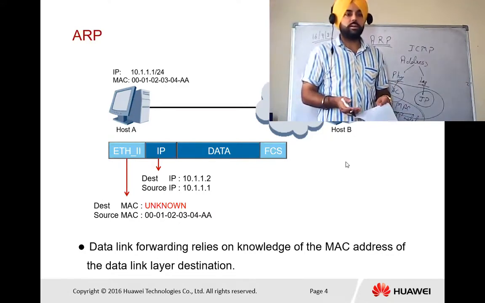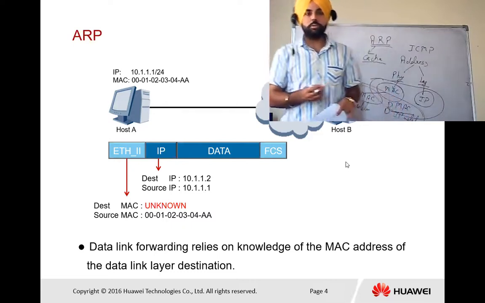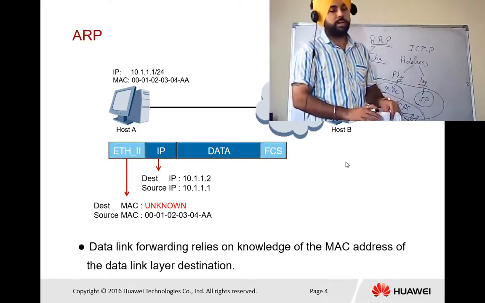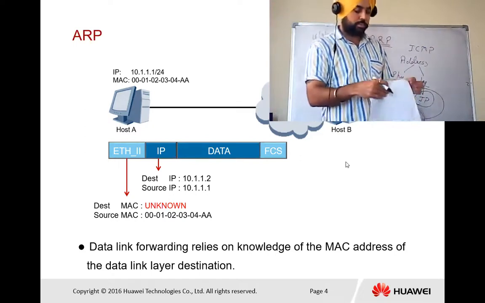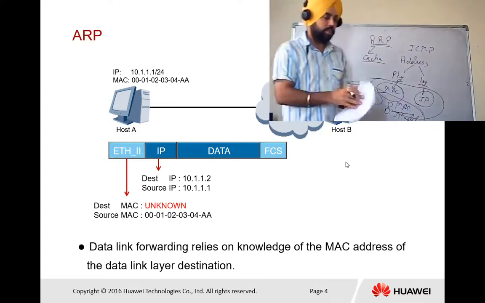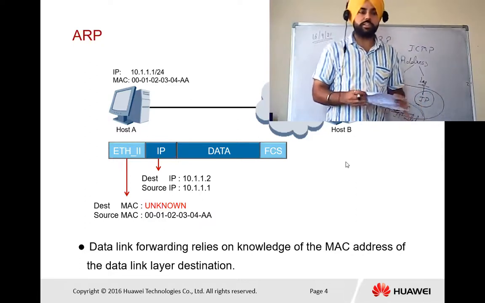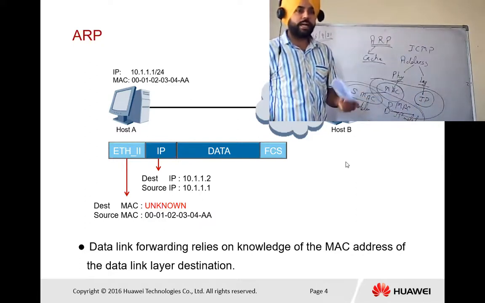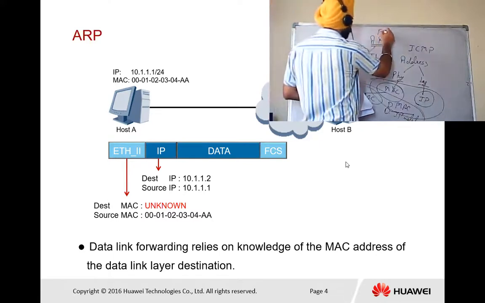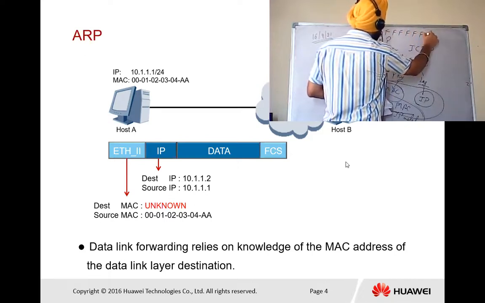Then the destination will reply back with the appropriate packet. How will it happen? When we are sending a broadcast packet, your destination MAC address is all Fs.